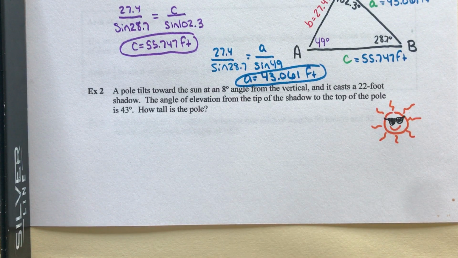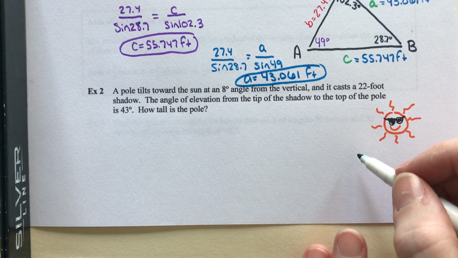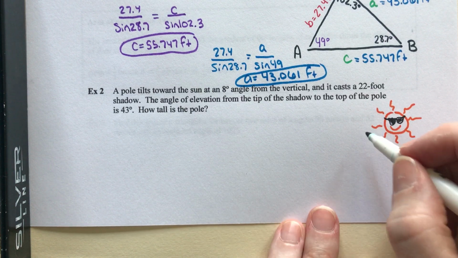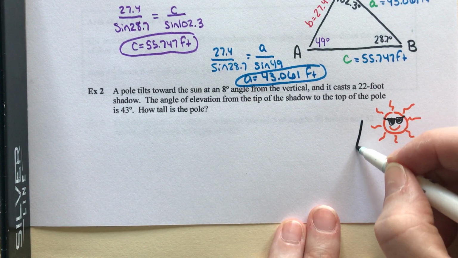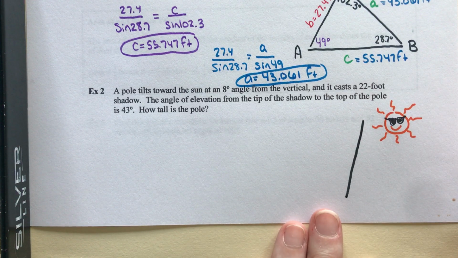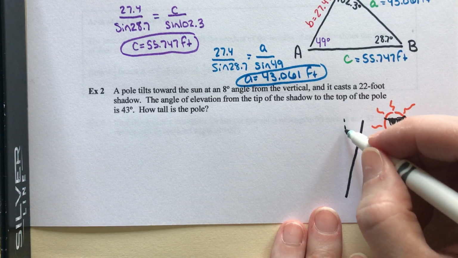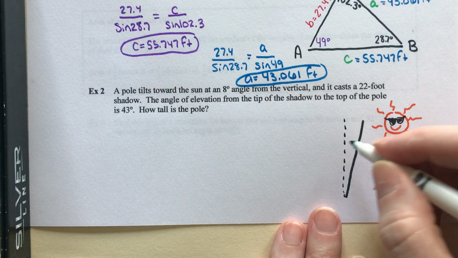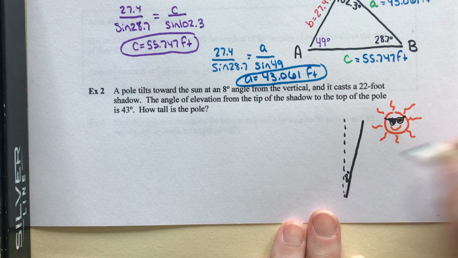I'm gonna make a pole here that's tilting toward the sun. Okay, so I'm gonna draw it tilting toward the sun a little bit, at 8 degrees from the vertical. So here's the vertical. I'm gonna mark this off at 8 degrees.